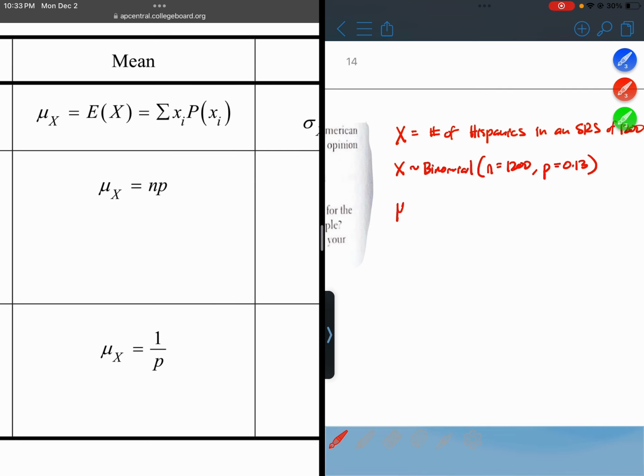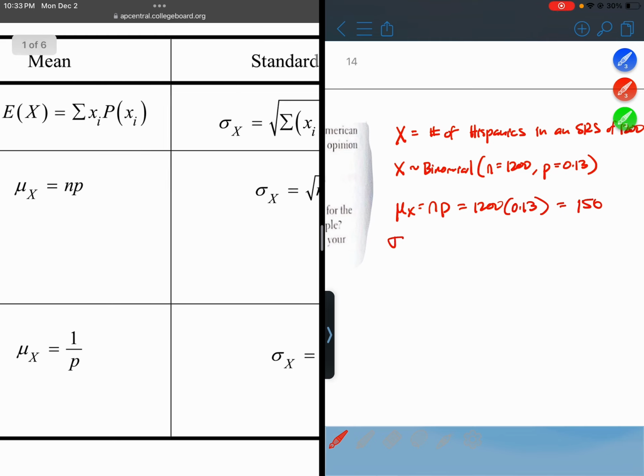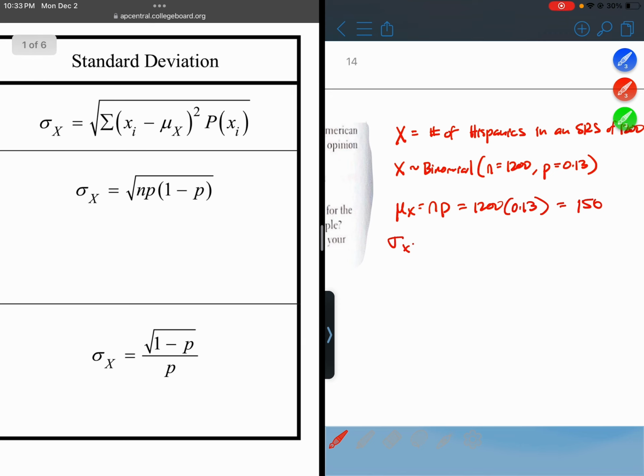So the mean of X is n times p, so 1,200 times 0.13, also known as 156. The standard deviation of X is the square root of n times p times 1 minus p, so that's the square root of 1,200 times 0.13 times 0.87.